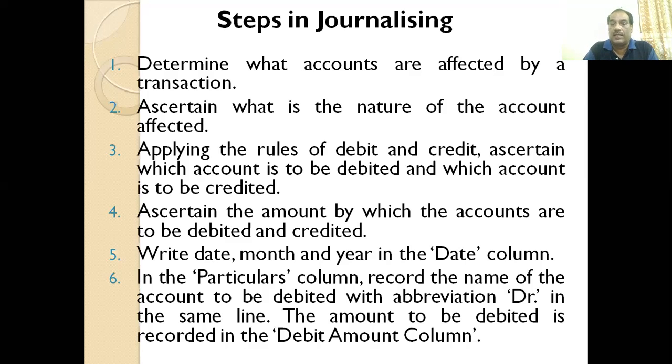So same line we write. I will give you the example in the next slides. So we write in the particulars column the name of the account to be debited, and in the same line we write DR. So DR indicates that this account is to be debited. Then in the next line, the amount to be debited is recorded in the debit column.